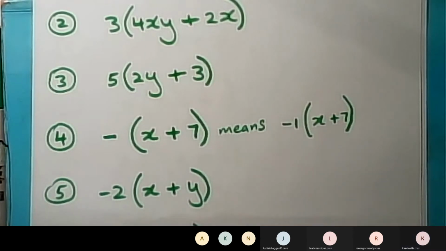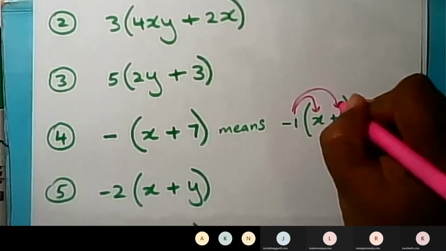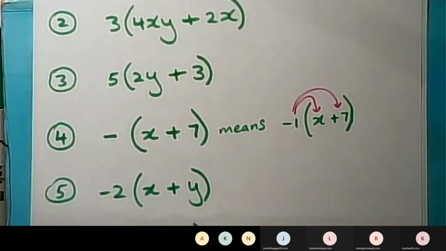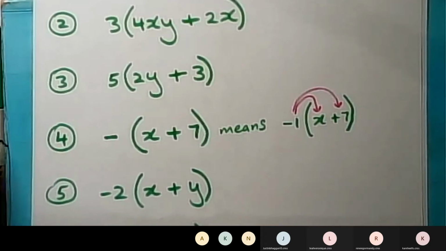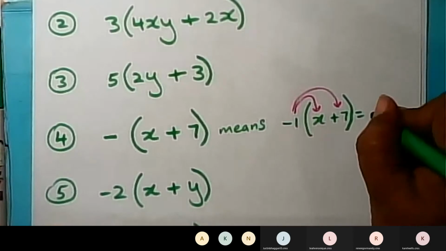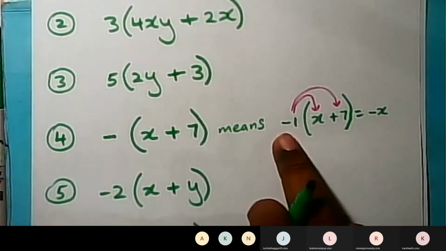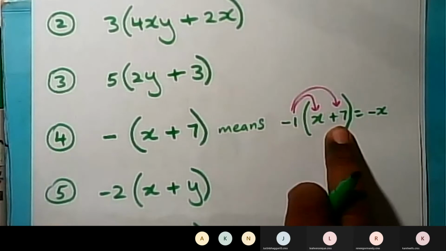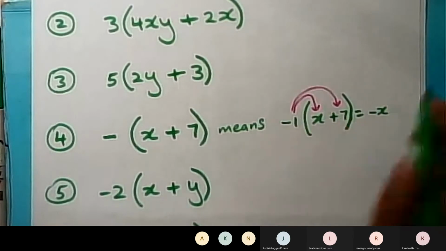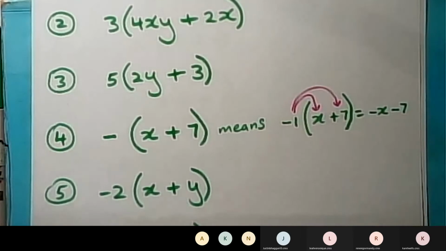We could do that one time and then close off the class. Minus 1 times the x. And here, so you'll learn what to do with these negative things. The first answer, a minus 1 times the x, we learned that you could write it as minus x. And a minus 1 times a positive 7, different signs, you get a minus 7 answer.